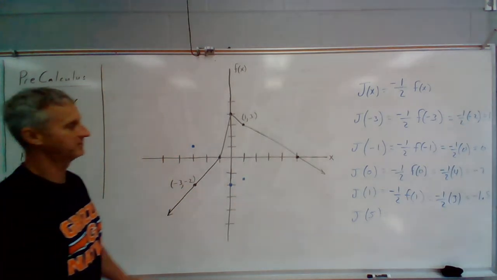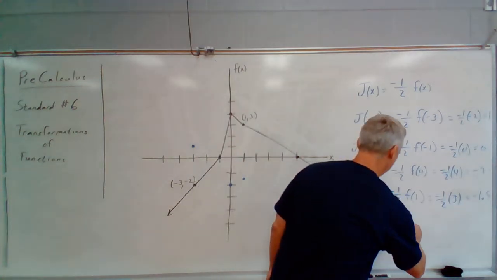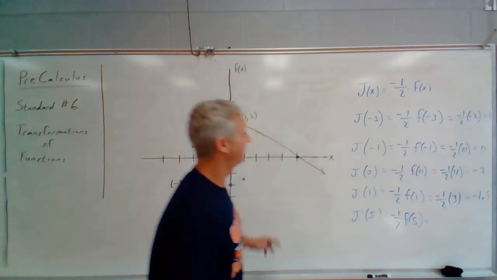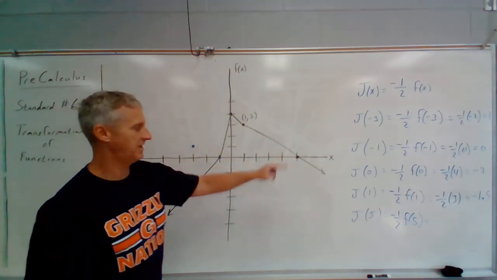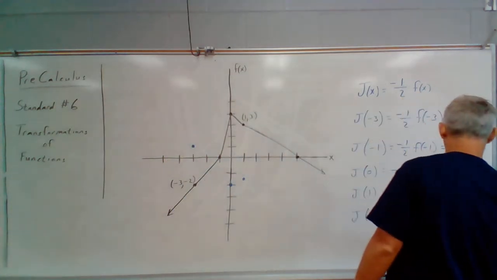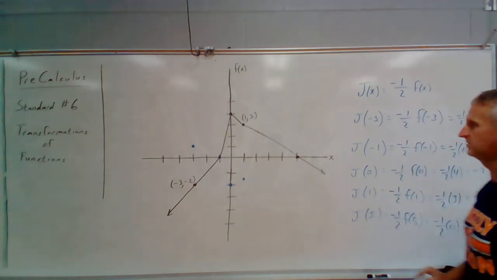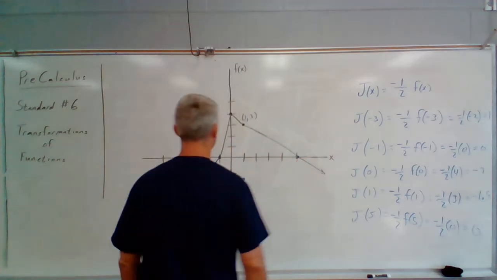And j of 5 would be negative 1/2 times f of 5. If I plug a 5 into the original function, I get 0. So negative 1/2 times 0 is 0. So that point will stay the same.